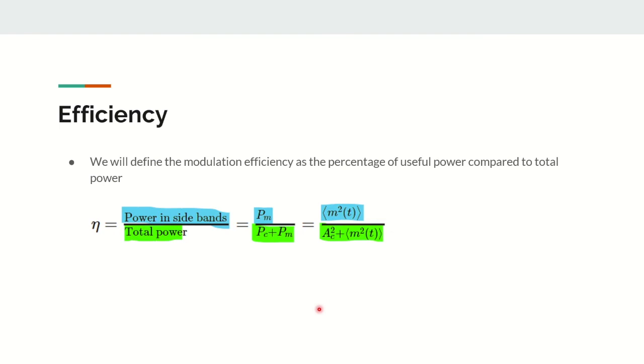This is because the AM signal transmits so much power through the carrier, which doesn't actually serve to transmit any information that we want. Theoretically, the efficiency can be 50%, but in reality, it is often much lower.